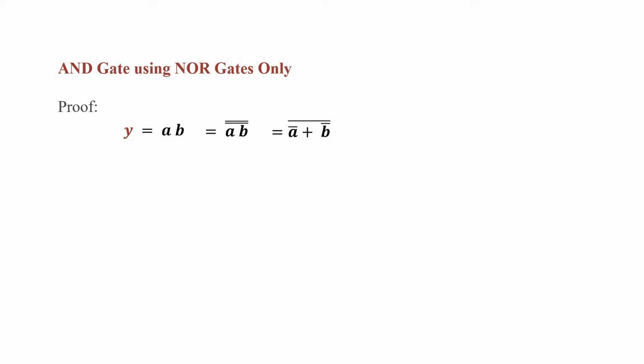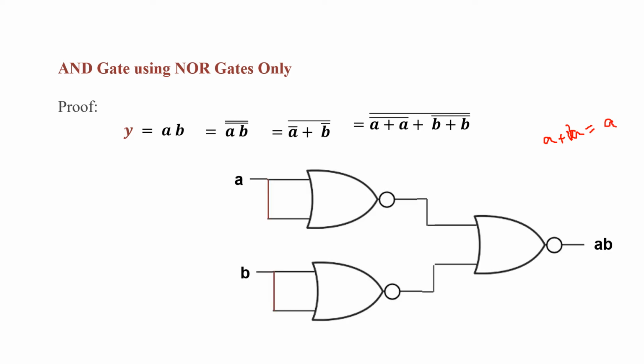And finally, I will expand each of A and B by applying the rule that A or A is equal to A. Sketching this gives us three NOR gates connecting in a way that they're all acting as AND gate, two input AND.